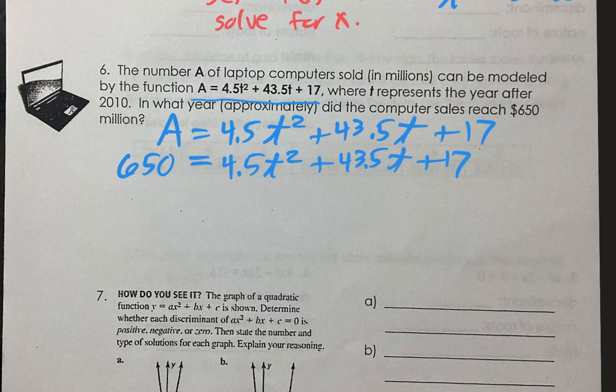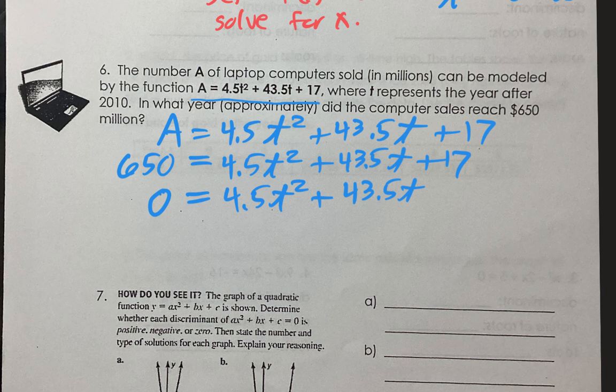I can't factor or use the quadratic formula until that equation is set to 0. So I need to subtract 650 from both sides. All right, so 0 equals 4.5 t squared plus 43.5 t.